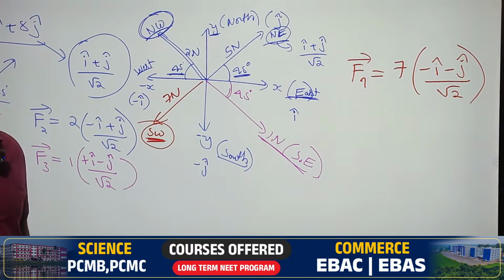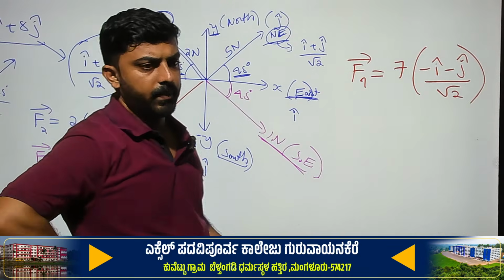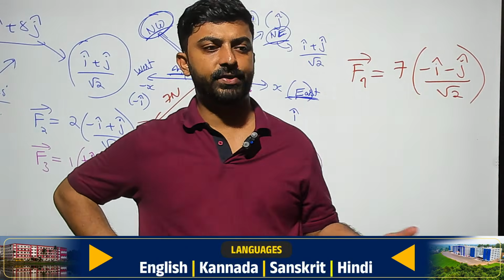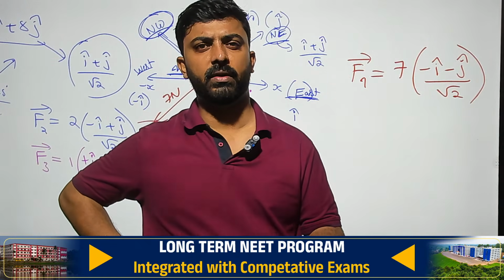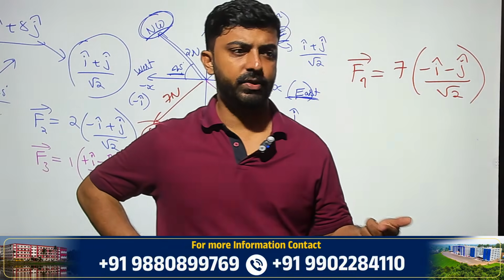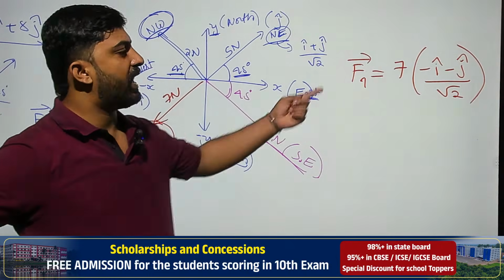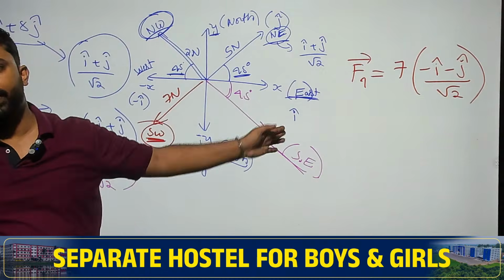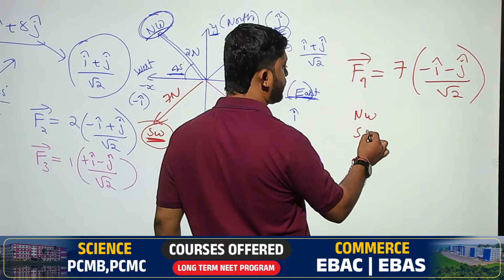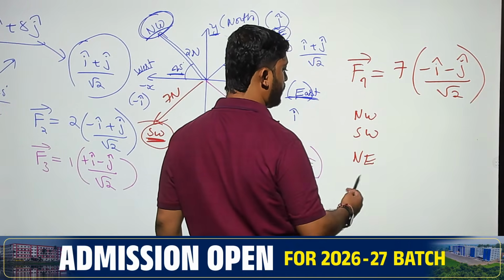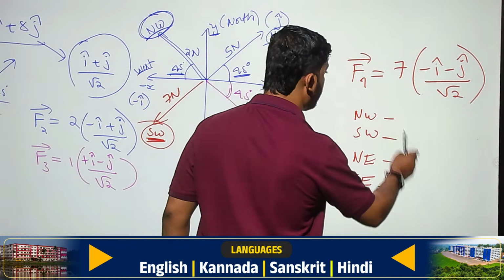Okay. North, east, west and south can be simply represented by i cap and j cap, and southwest, southeast, northwest and northeast can be represented in the form of i plus or minus j divided by root 2. All of these can be represented by a unit vector.